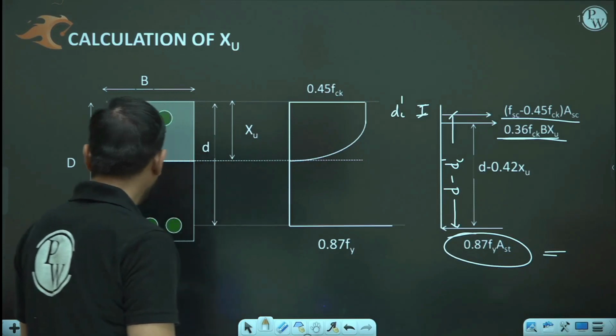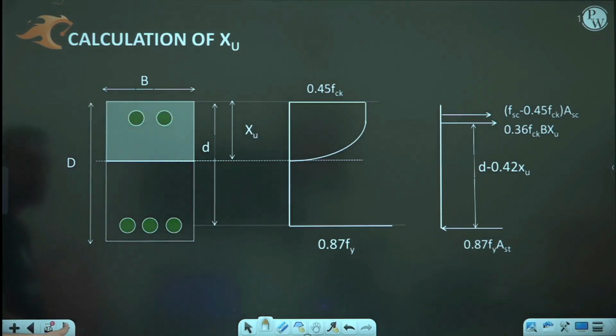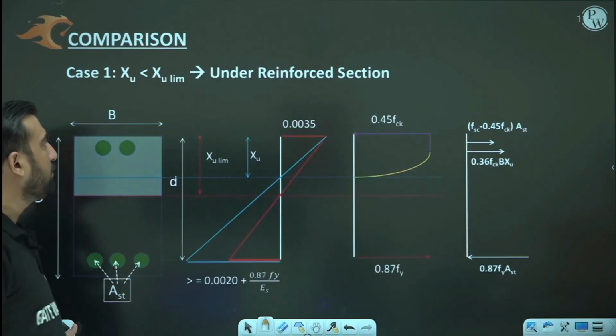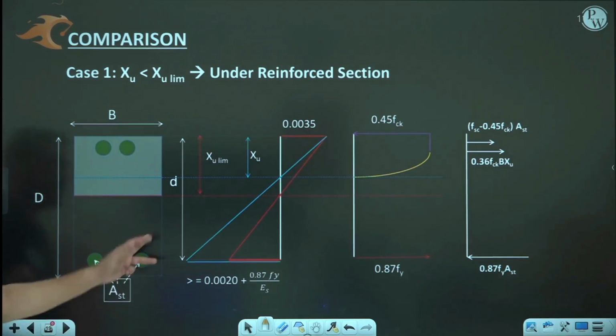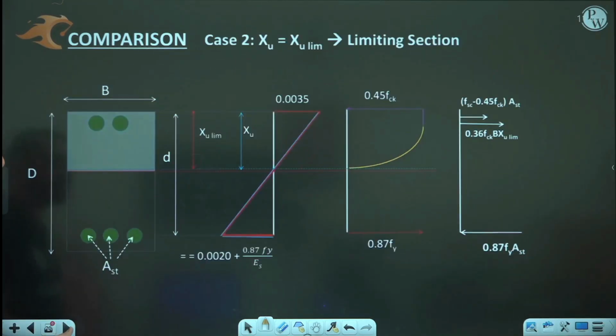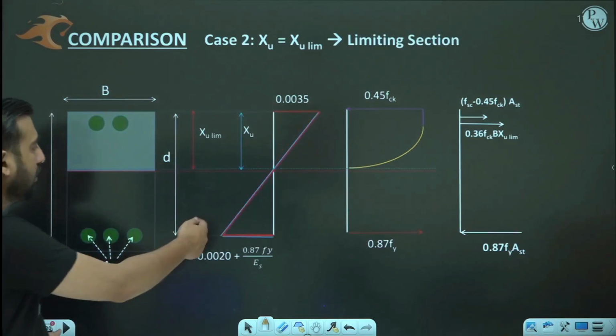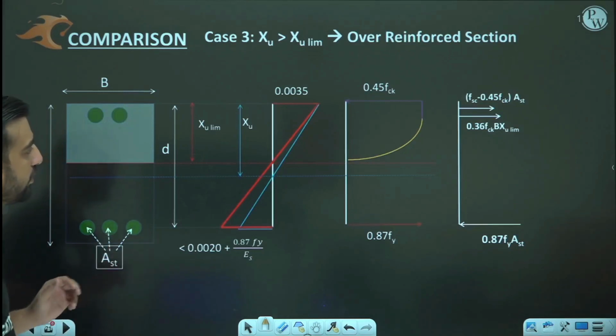Next is comparison, my dear friend. In comparison, we know that there are a total of three cases. Case number 1 is the under reinforced section, same. Case number 2 is the limiting section, and case number 3 is the over reinforced section.